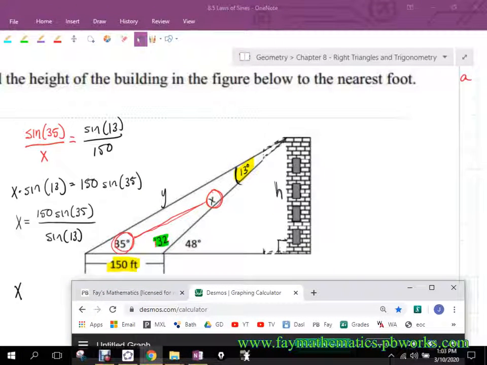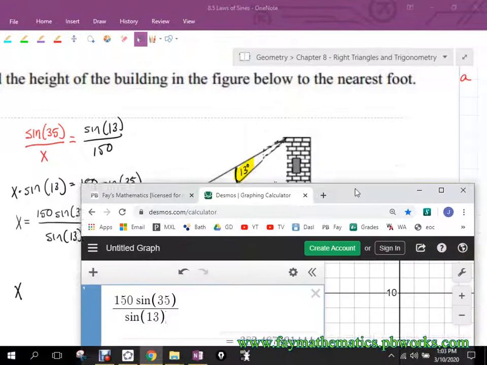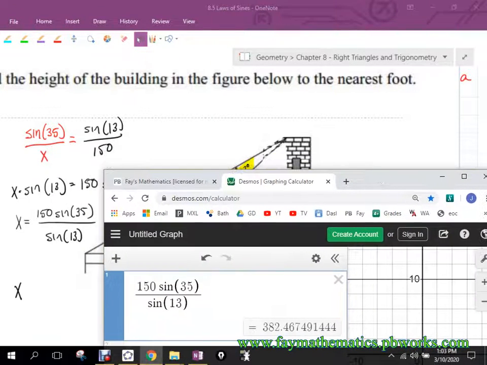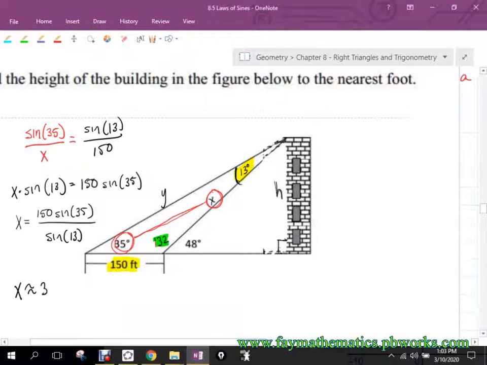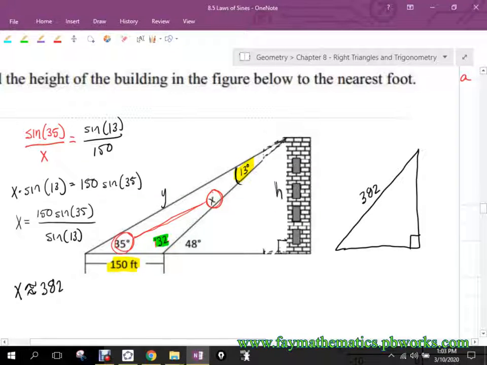So now, I'm just going to write this number down so I can remember it. So I'm going to go 382. Now, what do these little squiggly equal signs mean? Estimation, approximation. Okay. So would you agree now that I've got a triangle here where this is approximately 382? This is a right triangle. You know this is 48, and that is h.